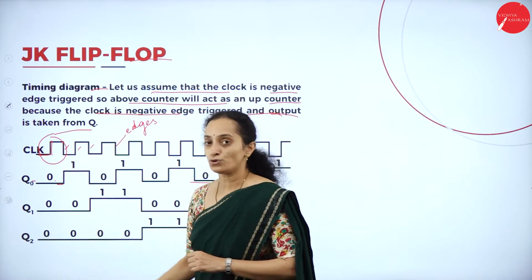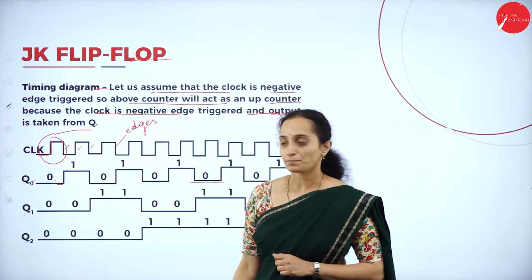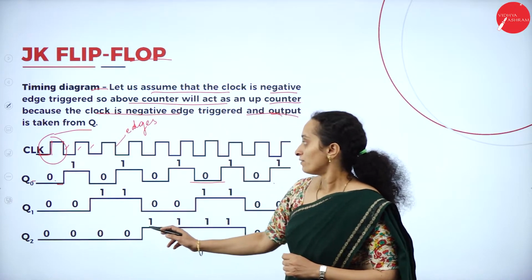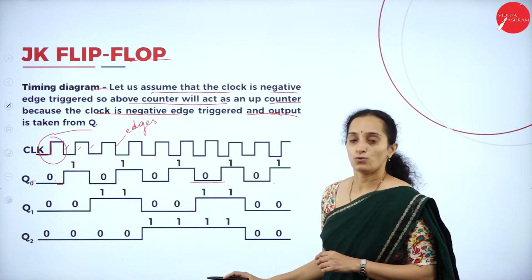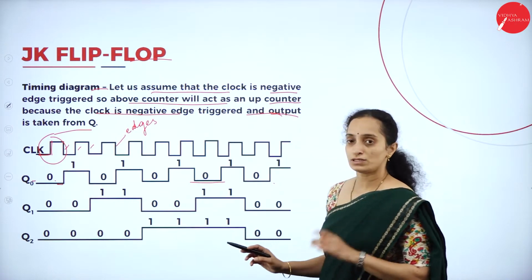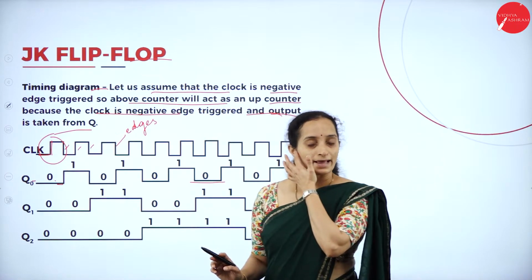Then we have Q2, which is the farthest from the original clock pulse. Now what happens? It stays low for 4 cycles, then 1 for 4 cycles, and again low for 4 cycles, like that.